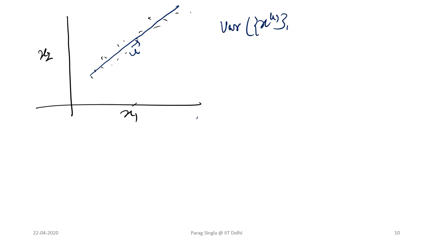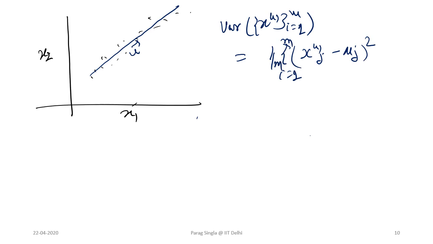So maybe with slight abuse of notation, I'm just writing this as the total variance in the data, which is the variance of this entire data. It will be given by the variance along each of the dimensions. So (xij minus mu j) squared, where mu j is the mean along the jth dimension, summed over i equal to 1 to m, and multiplied by 1 by m. This is the variance along dimension j, and then this is summed over j equal to 1 to n.